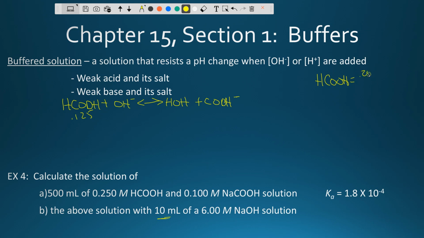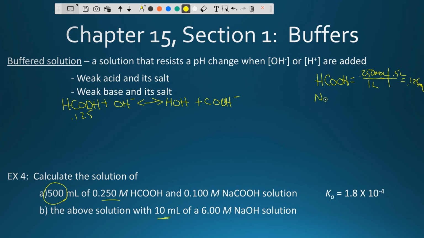We had 0.250 moles per liter to begin with. Now with this, we have 500 milliliters worth. So if I have 500 milliliters, we have 0.5 liters. Okay, so that gives me 0.125 moles.